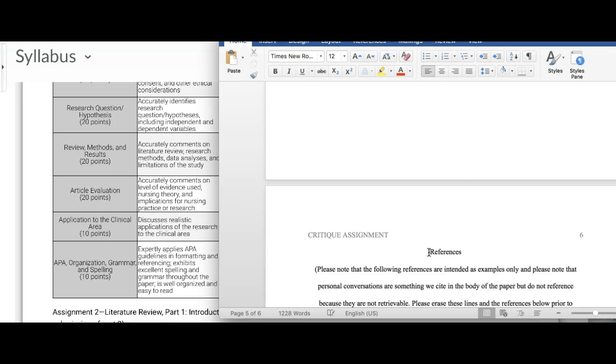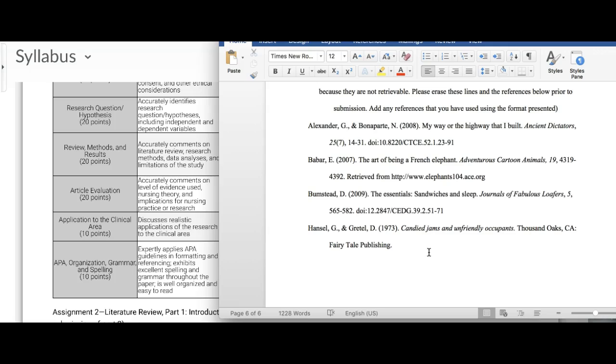In the last section, of course, you want to put your reference list in there as well. Be careful to put it in APA format. There are some examples here for you. Remember, you want a DOI number, and if a DOI number is not available, you want to put the URL to the home page of the journal it came from.